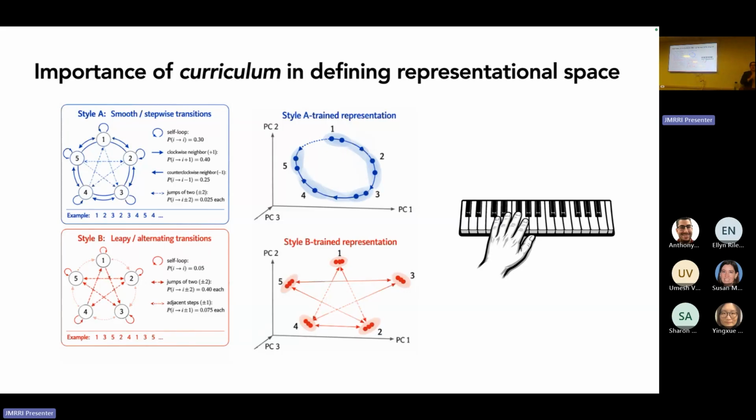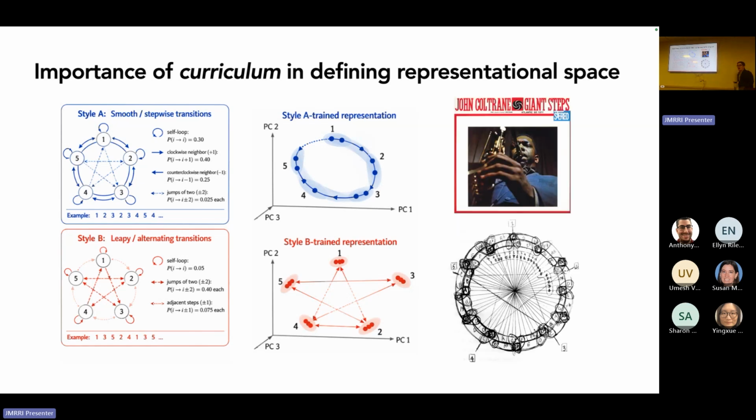And so I don't know if you know the classic story of Coltrane studying the circle of fifths. The circle of fifths is a relationship that people codified in the 18th century about how different keys relate to one another. Okay, and Coltrane studied this. This is his drawing of the circle of fifths because he wanted to create a musical piece that was dynamic, constantly moving.